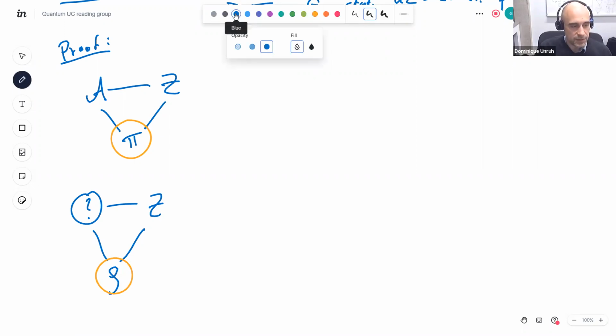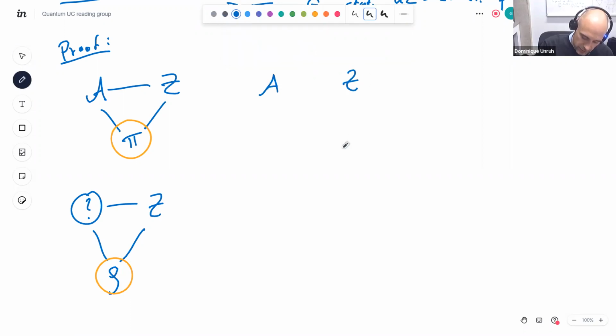So the first thing that we can do is we take the same protocol, the same network, but we insert a repeater here. So a machine that takes the messages coming from the protocol and forwards them to the adversary and vice versa. So in this sense, it's similar to the dummy adversary. It's completely dumb. It just forwards messages between adversary and protocol.